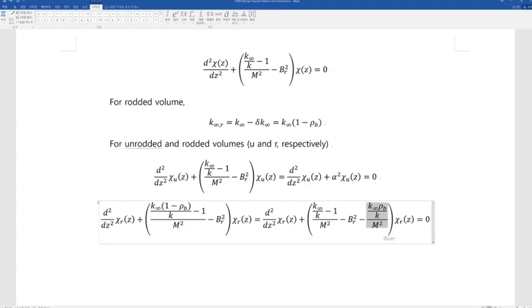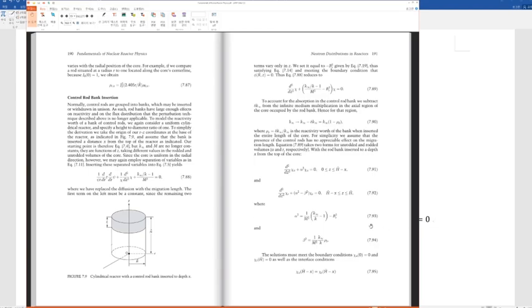So these are the definitions given in our textbook. Equations 7.93 and 7.94 are the definitions of alpha squared and beta squared.